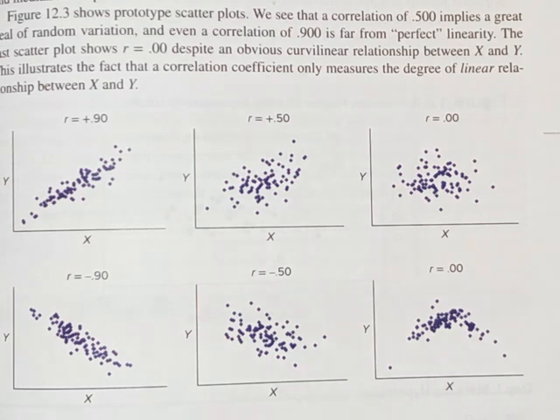Just like a sample mean was an estimate of a population mean. Just like a sample proportion was an estimate of a population proportion, a sample correlation coefficient, which is what we built, is an estimator for the population correlation.